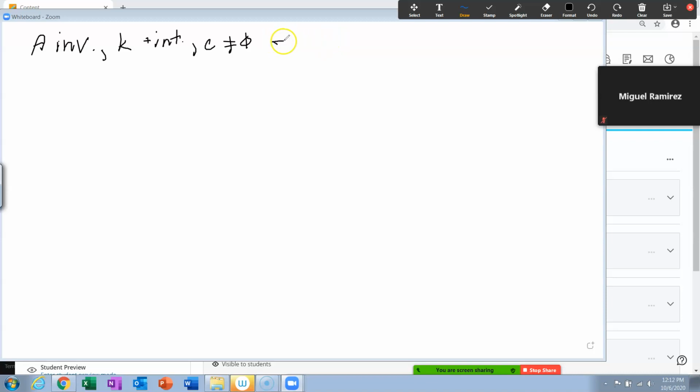Okay. Here is what we get out of it. A inverse certainly exists because A is invertible. Okay. A raised to the kth power exists. You can just multiply A by A by A by A up to K times. Okay. CA, that's the arbitrary constant multiplied by A. Okay.